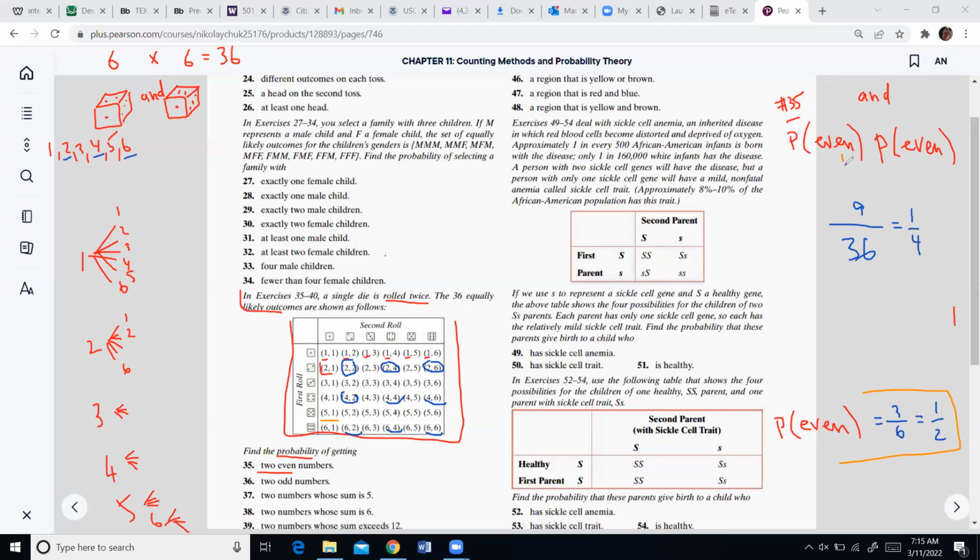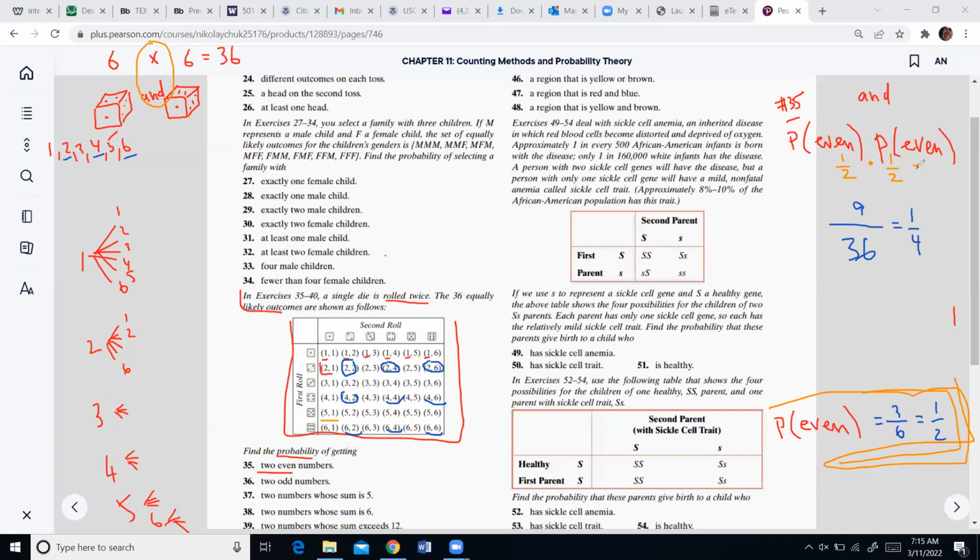algebraically without any listing. You could utilize the fact that and means multiply times, and you will multiply 1/2 by another half. Why do you multiply 1/2? Well, because we just saw that probability of even is 1/2.